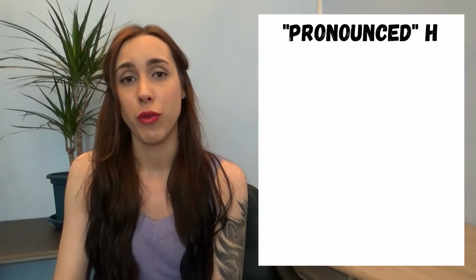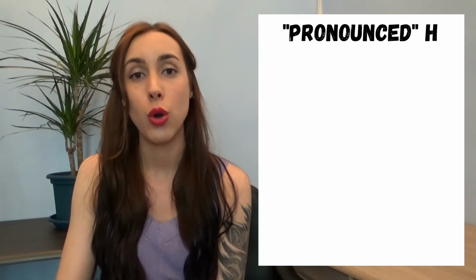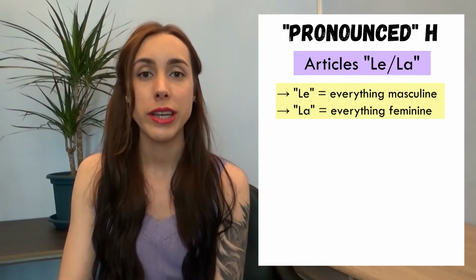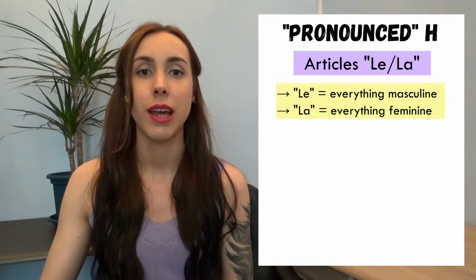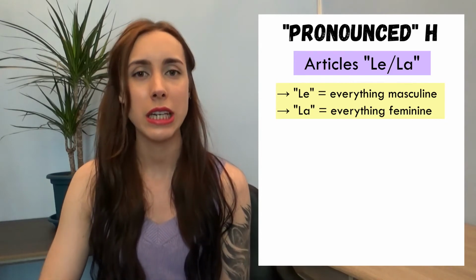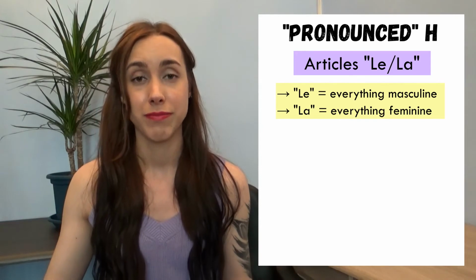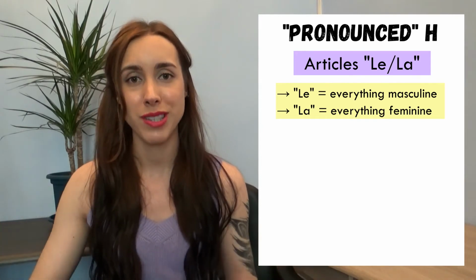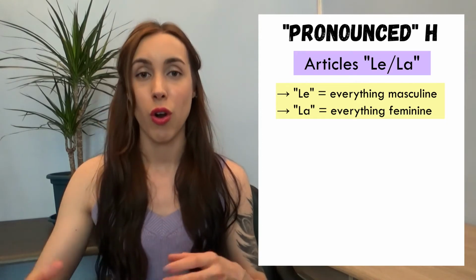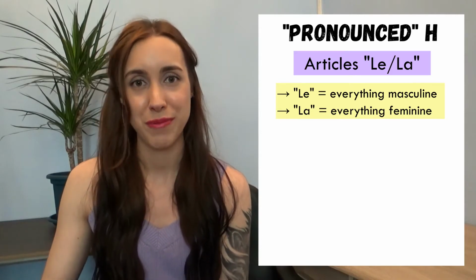At the singular form in French, when you have a word starting with the articles le or la, remember, le is for everything masculine, la is for everything feminine. In French, we don't have, like in English, a neutral pronoun. So if I'm talking about an object, I'm going to use, just like for a person, le or la, because the object has an identity in French.